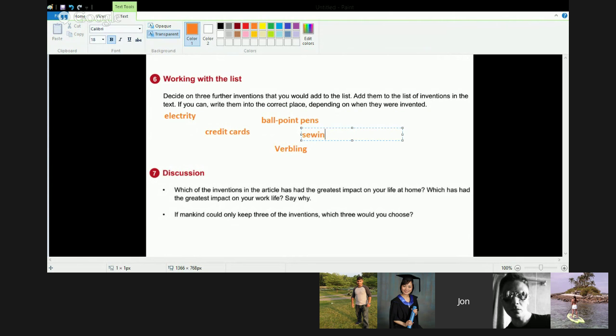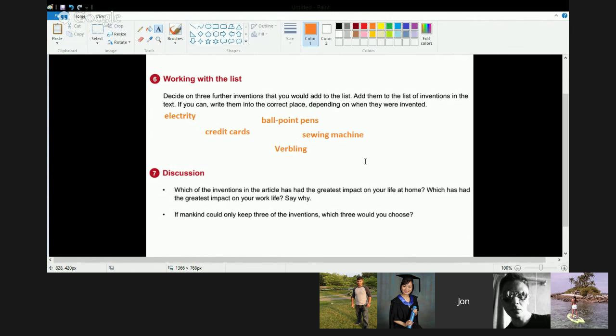The sewing machine. There's my invention. Why do you think the sewing machine was a revolution of its day? This is my idea, so I can tell you what I think, but tell me if you agree with me. Do you think the sewing machine is an important invention?